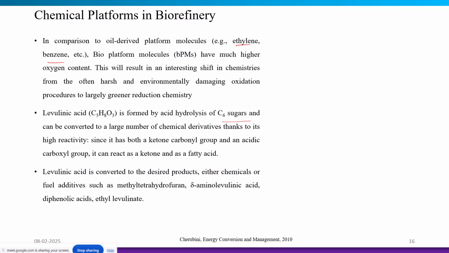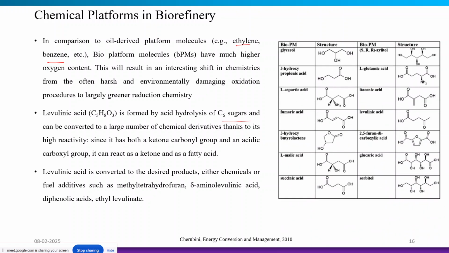So this kind of chemical platforms is being considered. You can see this diagram. These bio platform molecules include glycerol. Some of the examples given are levulinic acid, glutamic acid, and other names like these.